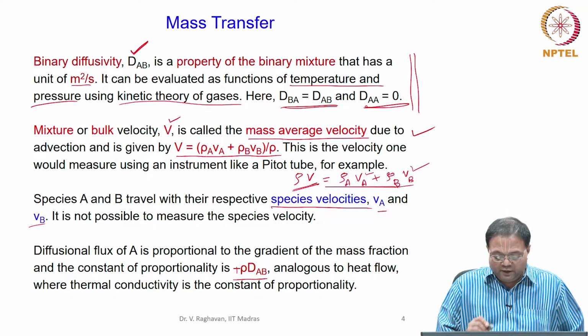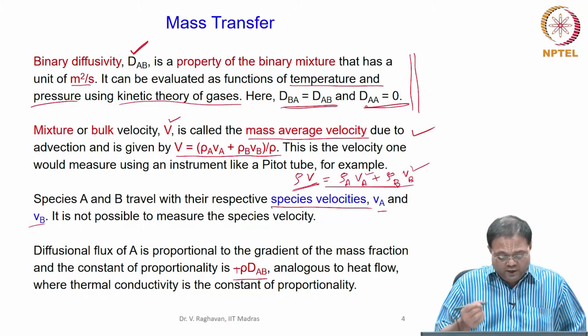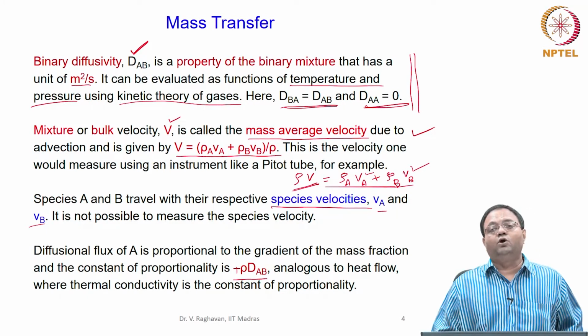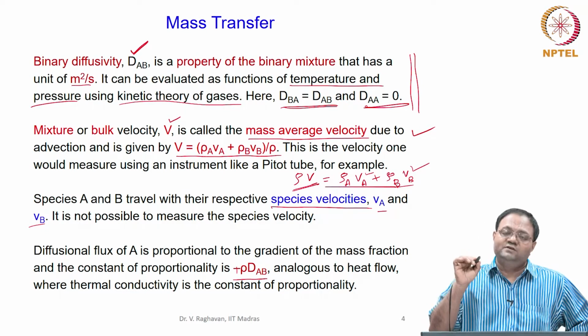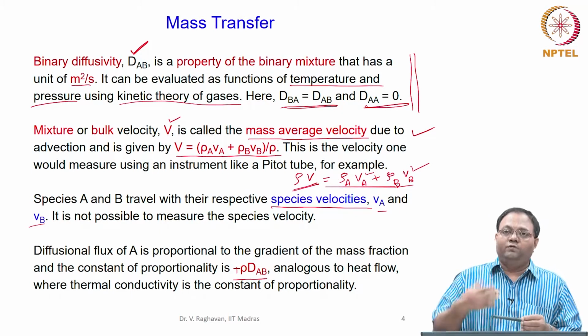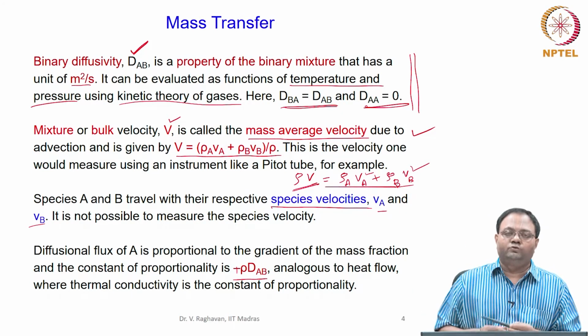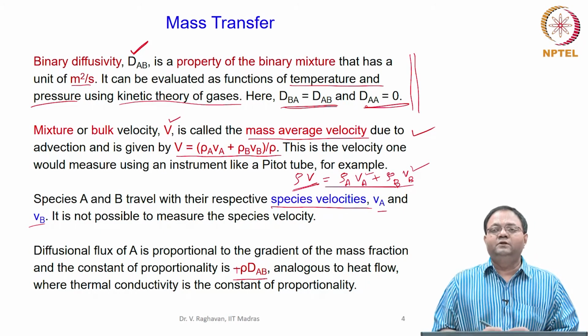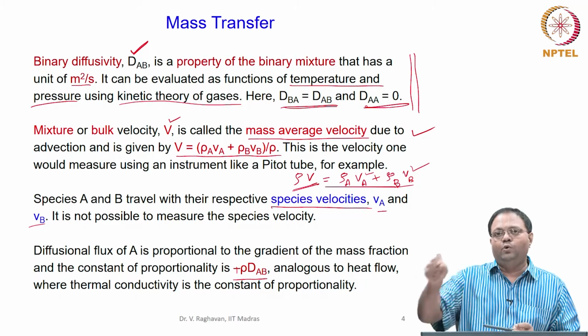That is the key proportionality constant here, and this is analogous to the heat flow where thermal conductivity will be the constant of proportionality. The gradient is as such negative, representing that the flow of the species A takes place from the higher concentration to the lower concentration, exactly the same as the heat flow occurring from a higher temperature point to the lower temperature point.